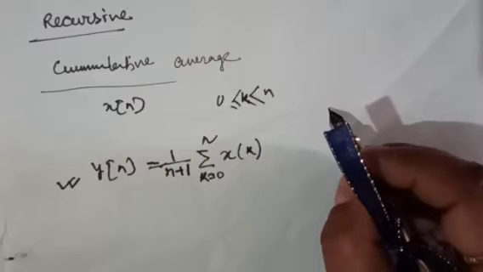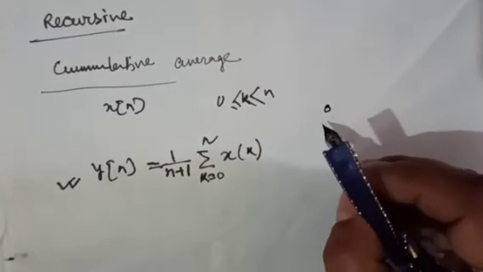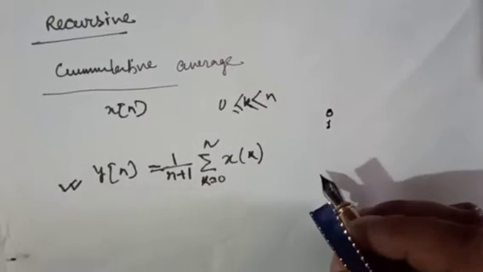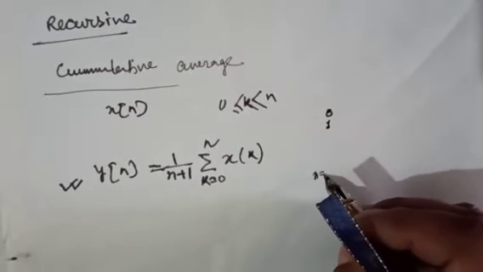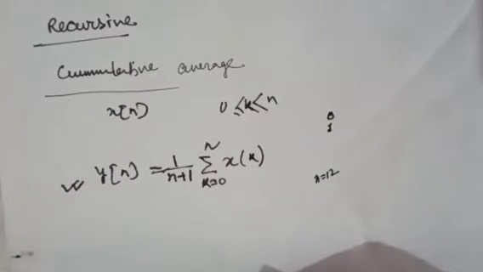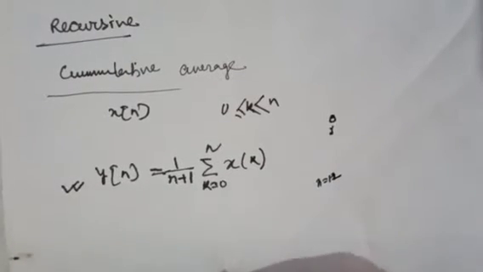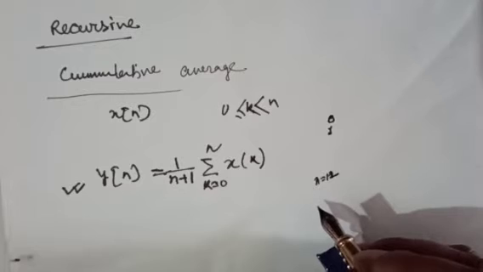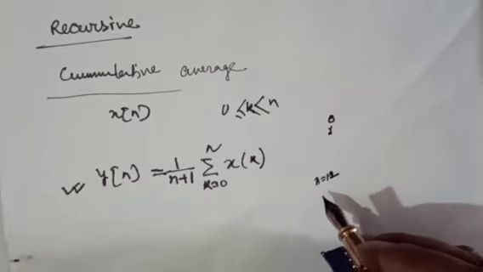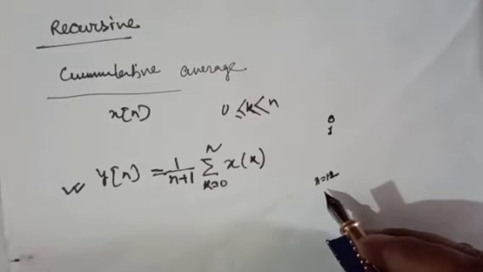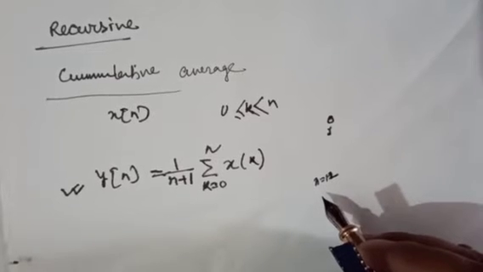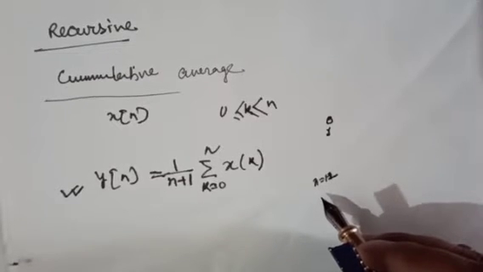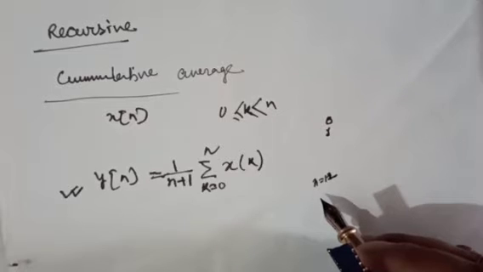Suppose from January n is equal to 0, February 1, 2, like that, and n equal to 11 is your December. Suppose you would like to calculate the total amount deposited up to December. What do you require? You require the amount you deposited in January, in February, like that.